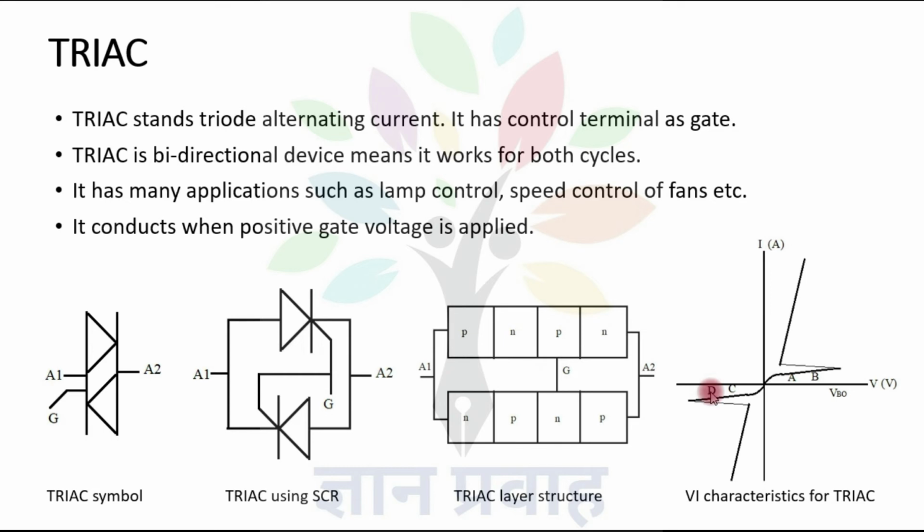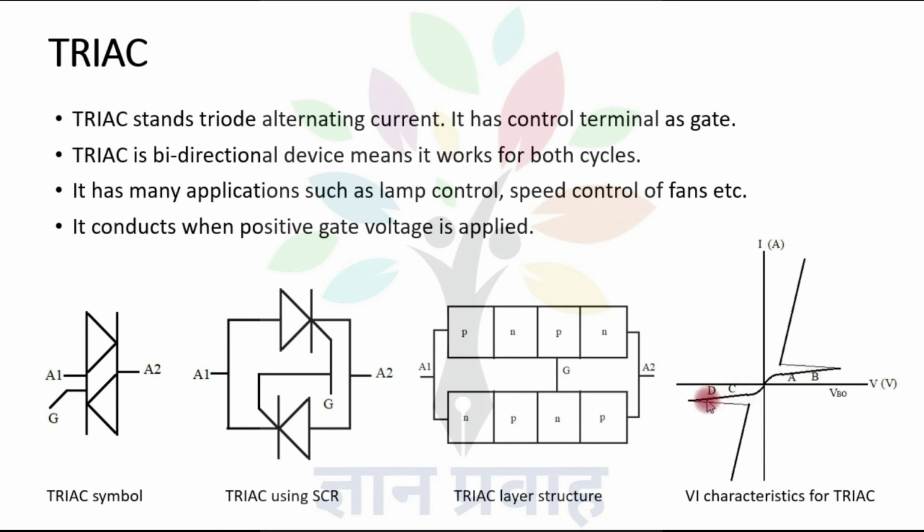And the VI characteristic for TRIAC is also the same as we have given for the DIAC. And here we are marking 4 points, and these are A, B, C, D, and it's simply showing gate voltage. So at point A, gate voltage is large. It means it starts conducting very fast if gate voltage is large. And here gate voltage is low at point B. It means it takes some time.